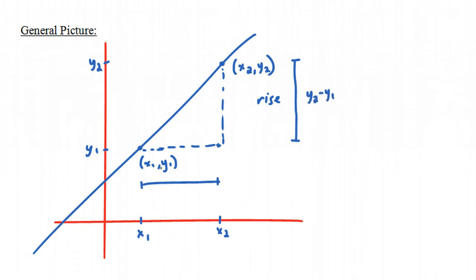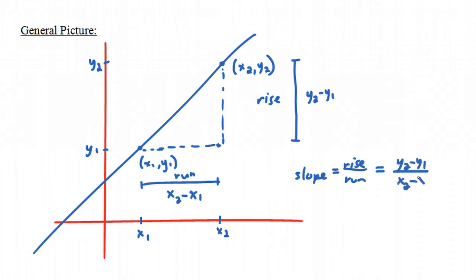And similarly, the run is going to be x2 minus x1. That's the distance from x1 to x2. And then the slope, which is rise over run, would then be (y2 minus y1) over (x2 minus x1).